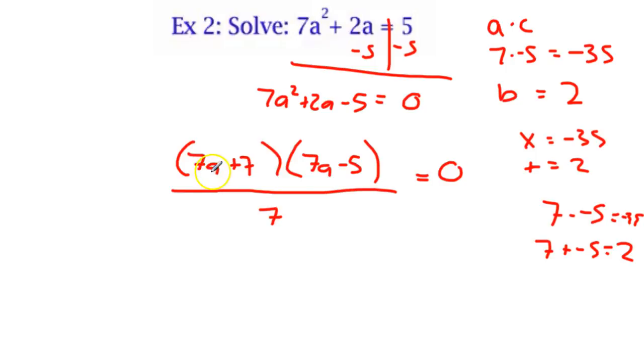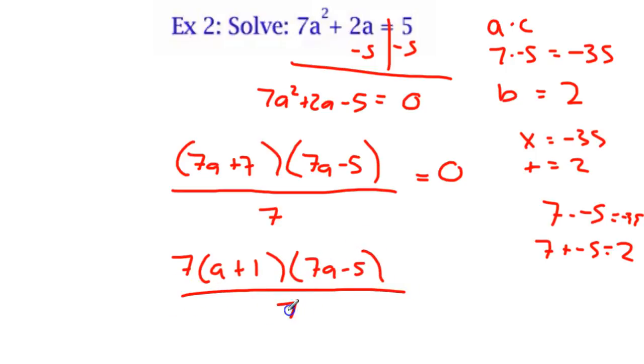Okay. So now I need to look at this and factor something out. This has 7a and that has 7, so I can factor out a 7. So I'm going to rewrite it as 7 times a plus 1 times 7a minus 5 divided by 7, and that all equals 0.